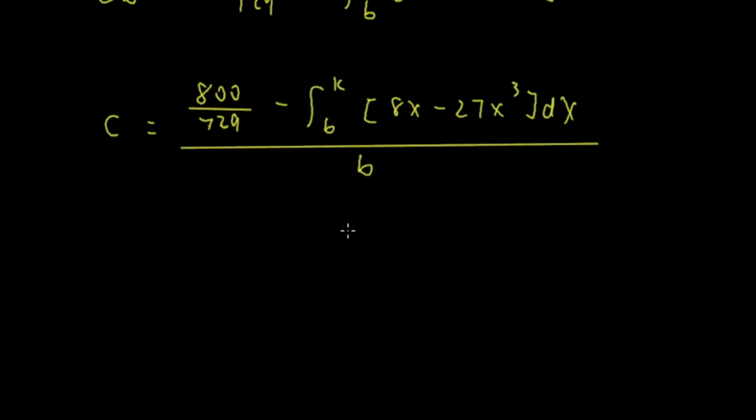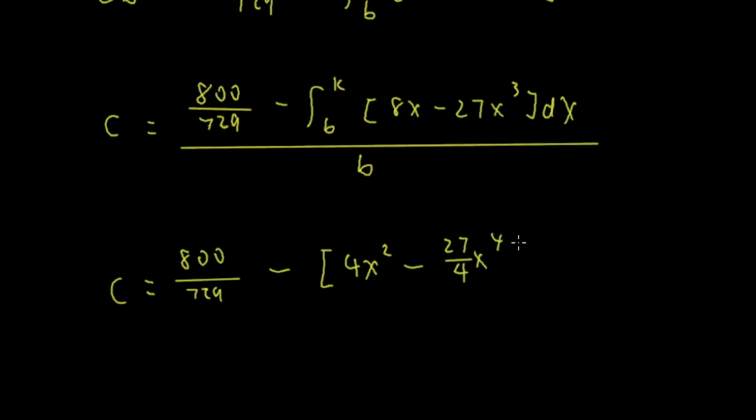Now, what do we do next? We evaluate the integral first. Right? Add 1 to the power divided by the new power, we have 4x squared minus 27 over 4 times x to the 4th.